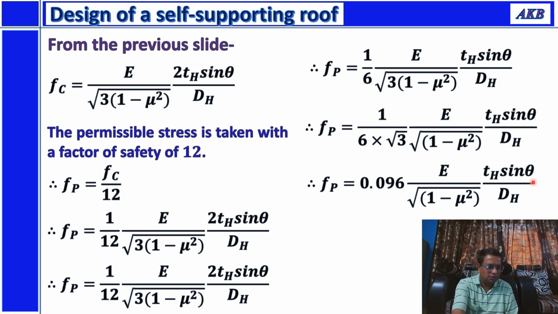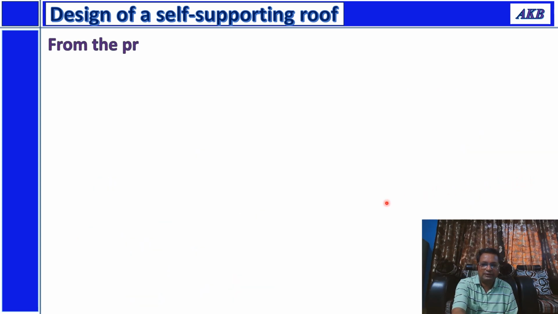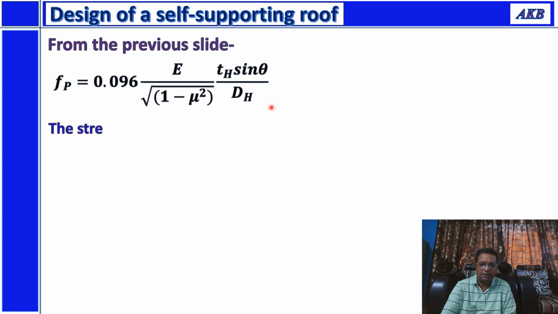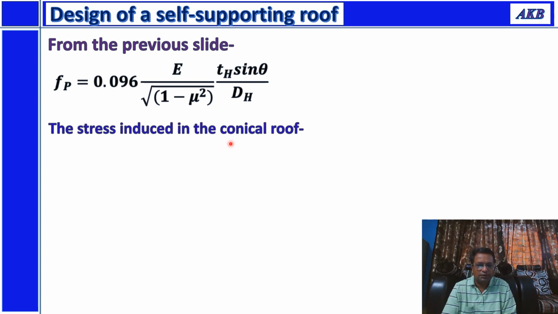Okay, so you get this equation. If you move further, previously we got this equation: Fp is equal to 0.096 into E upon under root of 1 minus mu square Th sin theta upon dH. Now the stress induced in the conical roof, for which we had written the equation earlier, is F is equal to Pt dH upon 2 Th sin theta. This is the stress that is induced due to total load Pt.